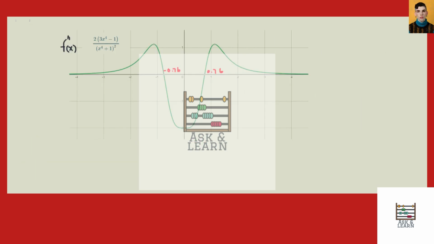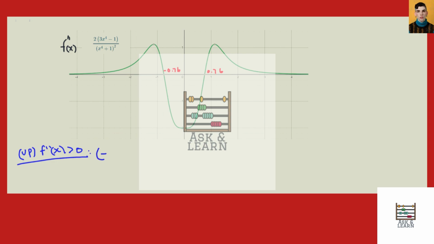Now for the second derivative, I went ahead and did the same thing. Ensured I had all of my x-intercepts included, and those x-intercepts for the second derivative end up being -0.76 and 0.76. And we'll just do the same thing we did before to find concavity of it being up and down. So it is concave up when f double prime of x is strictly larger than 0.